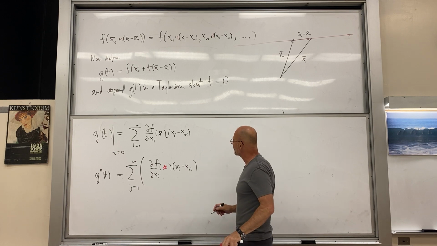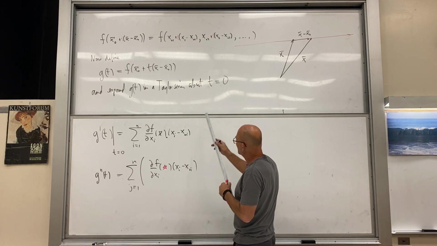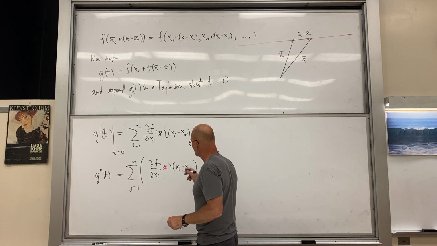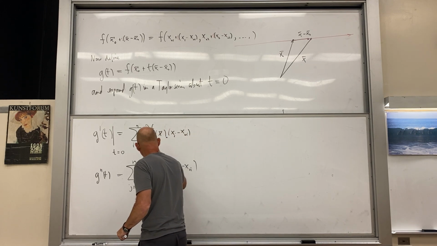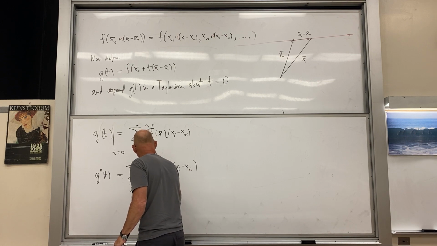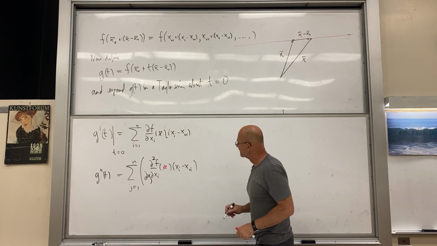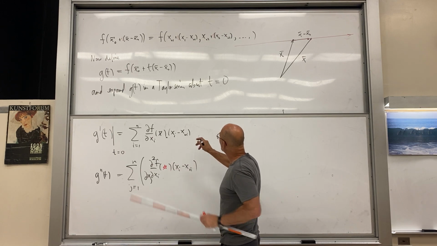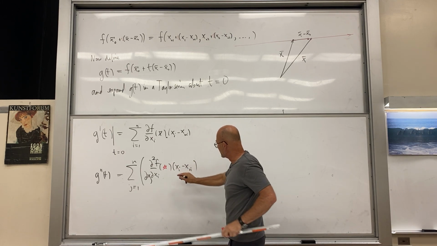And because of that, the rest of the chain rule is going to do this. D squared dxj dxi. And then the inner derivative is going to bring down what we had before with a different subscript.